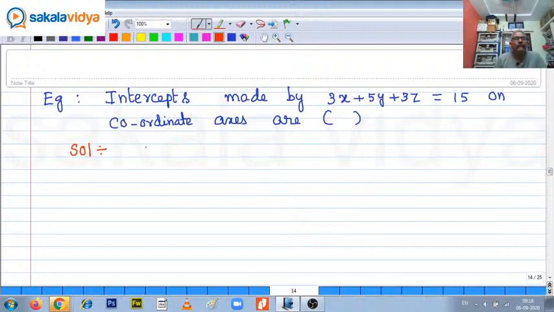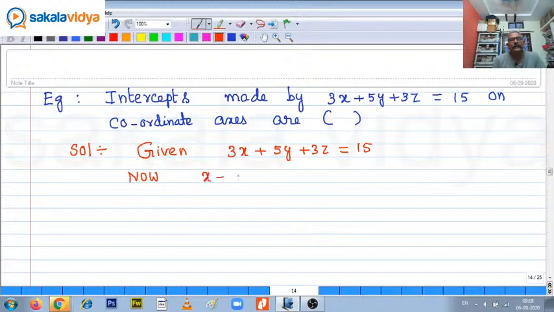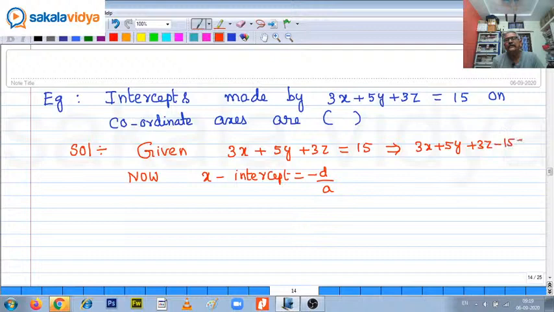Okay, now here given 3x plus 5y plus 3z equal to 15. Now x-intercept is minus d by a. So this can be written like this: 3x plus 5y plus 3z minus 15 equals 0.